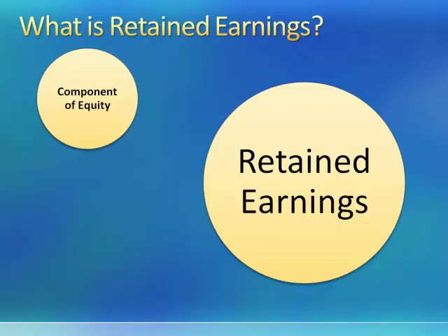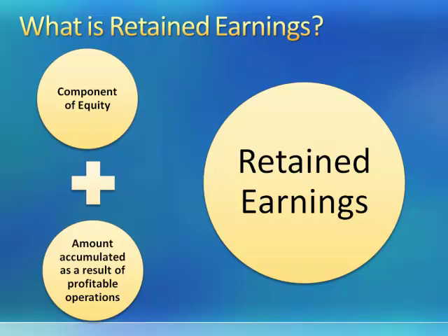Retained earnings is also a component of equity, and it represents the amount accumulated as a result of profitable operations. So the piece of owner's equity that represents the amount accumulated as a result of profitable operations is equal to retained earnings.